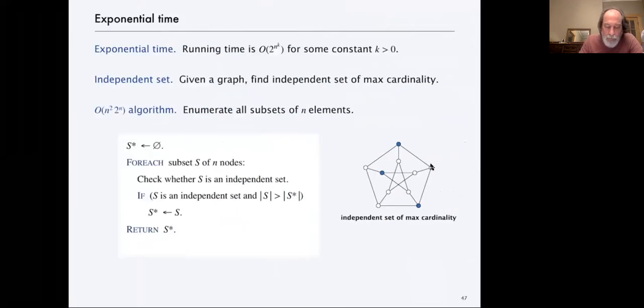Exponential time is typically thought of as something like big O of 2 to the n to the k for some constant k. So 2 to the n, or 2 to the n squared, maybe 2 to the n cubed. Now the general independent set problem.